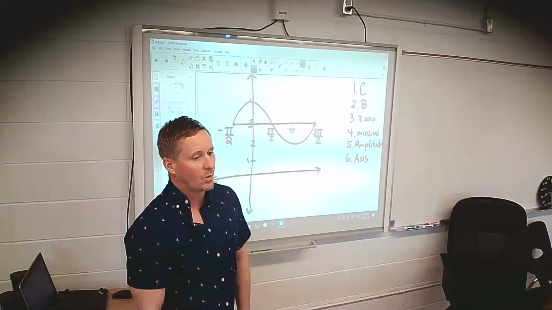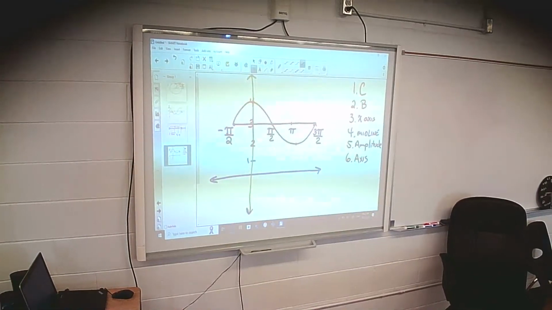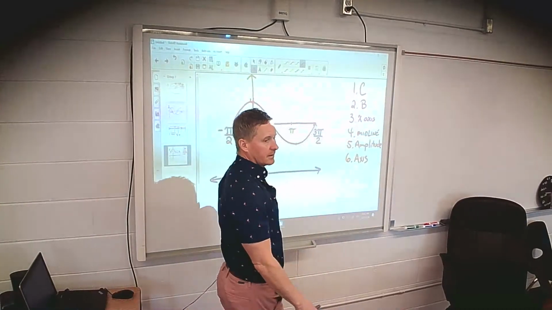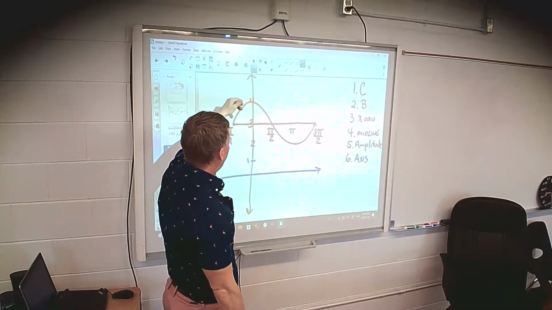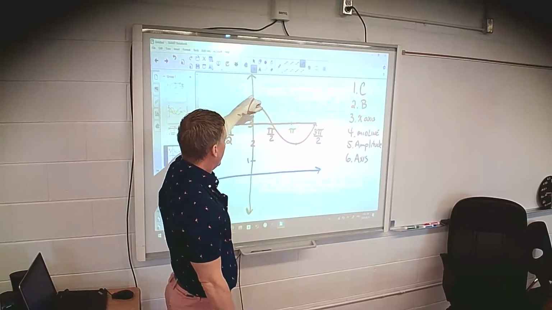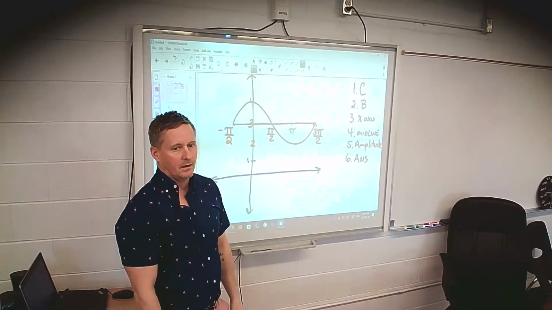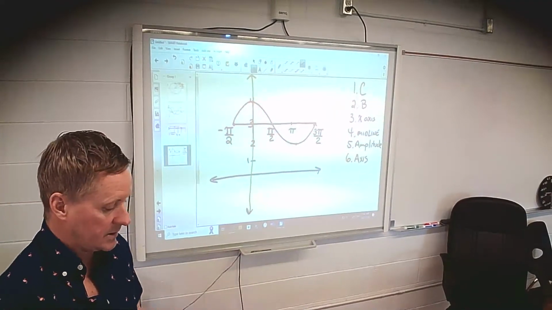So that is one way to do it. I start by drawing my midline in, I put in my C value, and I use my period to put the other 5 values in for x. Then I find my midline value, and my amplitude I use to get my maximum and minimum, and that's it. That's actually the simplest way to do one of these graphs.